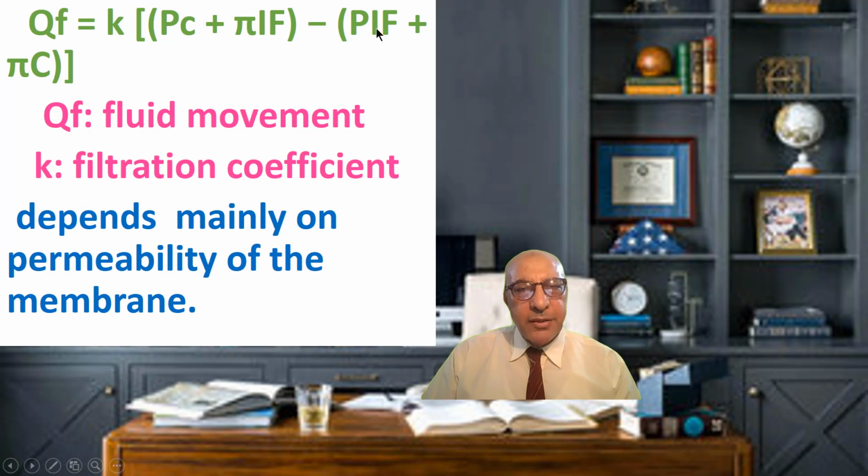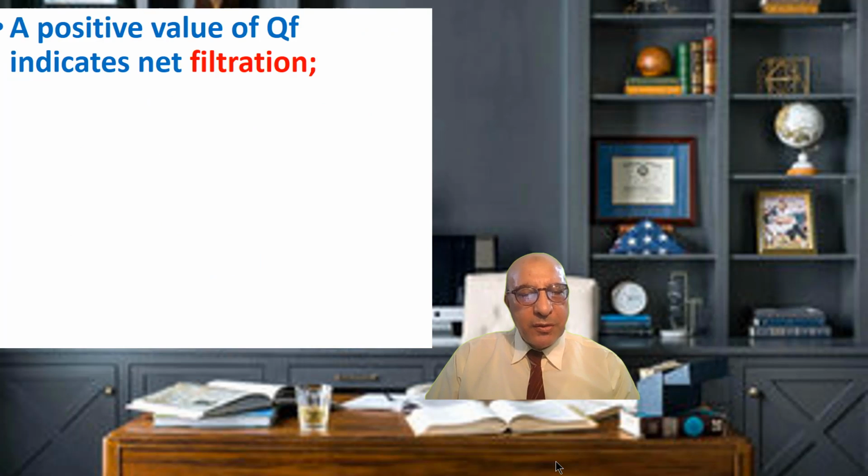This is the hydrostatic pressure in the interstitial space, which tends to push fluid from the interstitial space back to the capillary, and the oncotic pressure within the capillary, which at the same time pulls the fluid from the interstitial space to the capillary. The net result, or the difference between these two forces, decides in which way the fluid will move, out of the capillary or into the capillary.